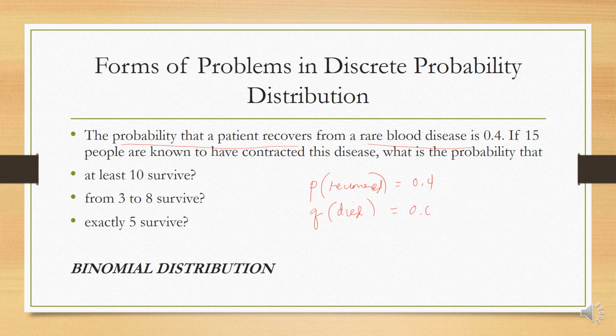So, meaning, we have 0.6. Kasi yung Q natin is actually 1 minus P or 100% minus yung P. Kapag ganyan, this is a binomial distribution. Pag meron kang P, meron kang Q, ayan. Tapos meron kang 15 people yung tinest, ang 15 natin is actually yung N. Kung ilan yung sample na kasali. So, ilan yung nag-recover kung 0.4, yung probability nun, ilan yung sa 15 na yon, etc.